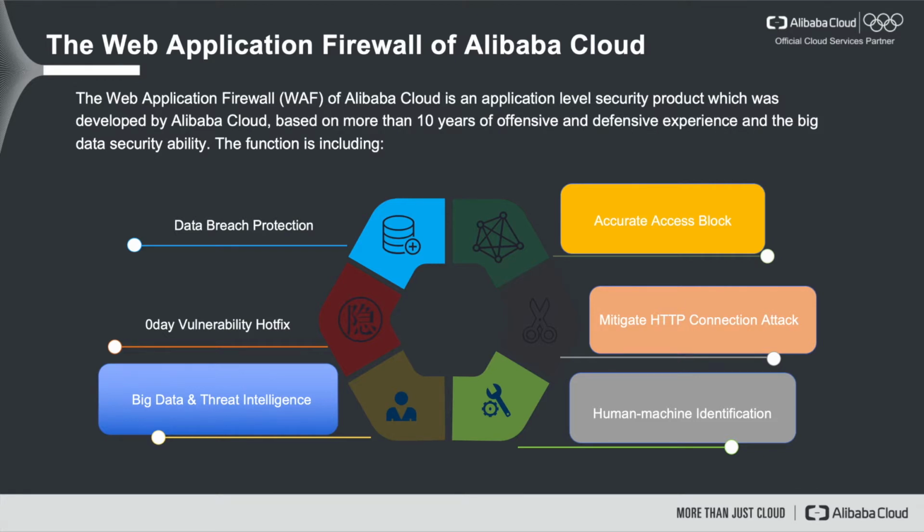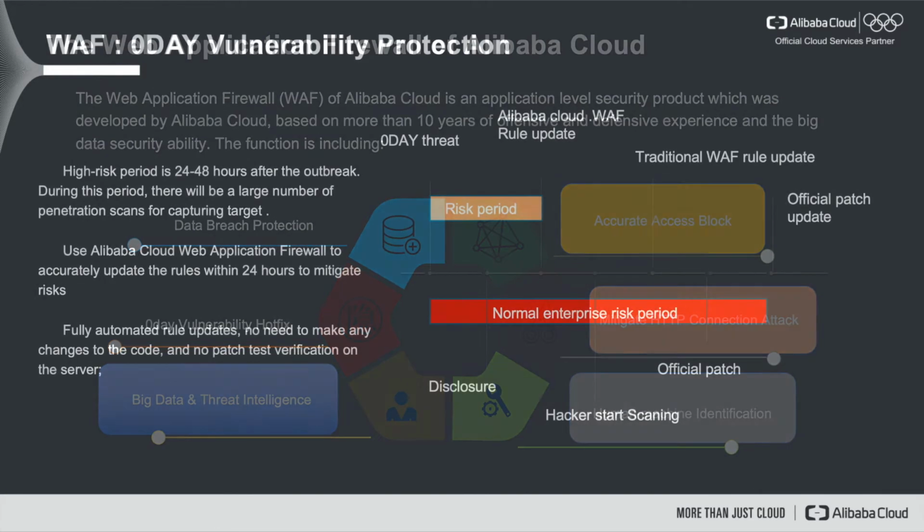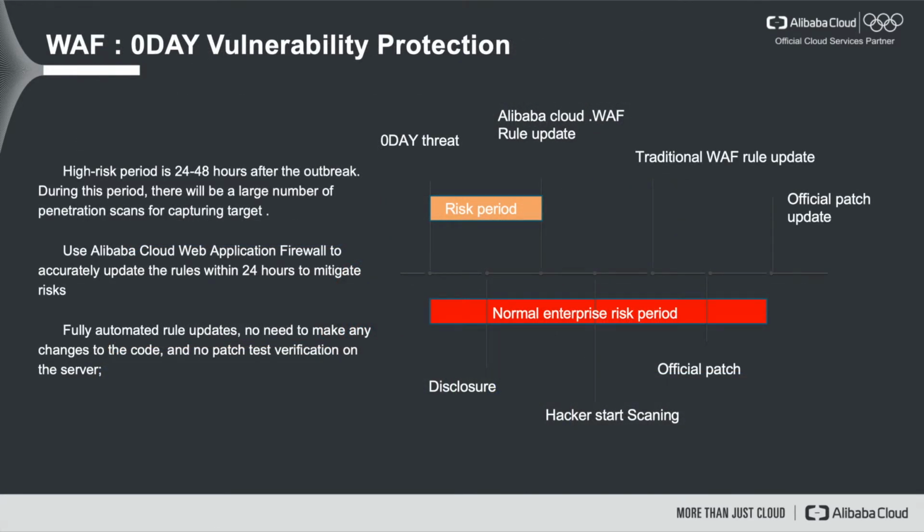The function includes data breach protection, zero-day vulnerability hotfix, big data and threat intelligence, accurate access log, HTTP connection attack mitigation, human-machine identification. Alibaba Cloud Web Application Firewall provides as well zero-day vulnerability protection.